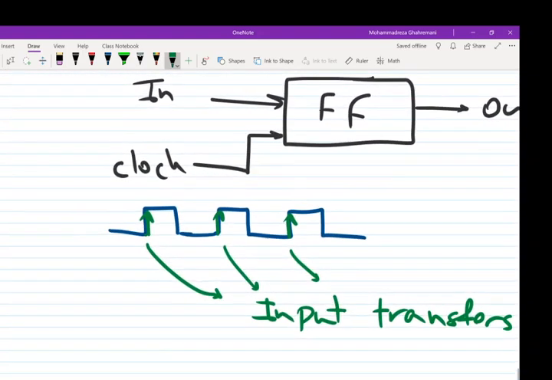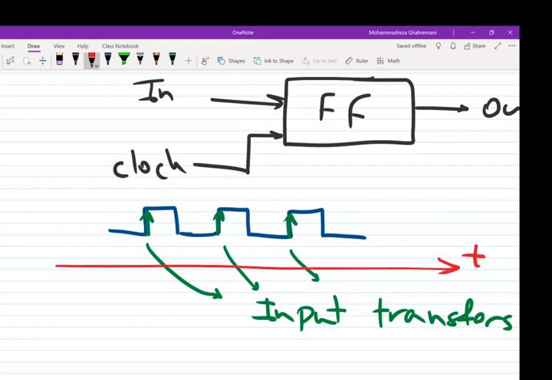So let me zoom in here to show you more detail. The horizontal axis is time. When we reach this time, it's called T0. At this transition, whatever is in the input moves to the output. Until the next transition, the output is constant, so it's not going to change.